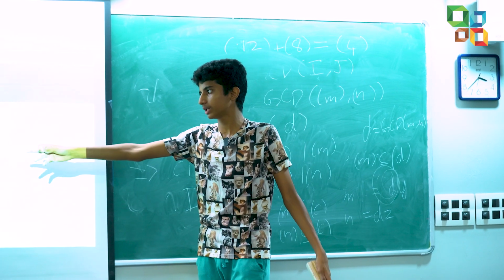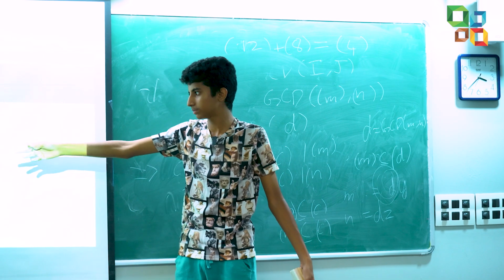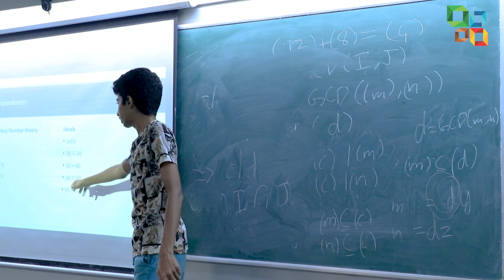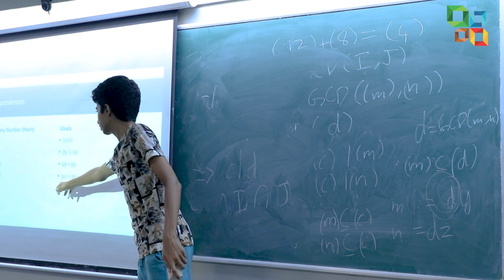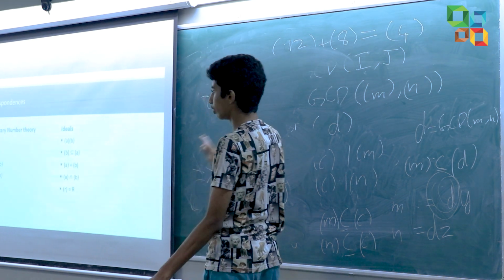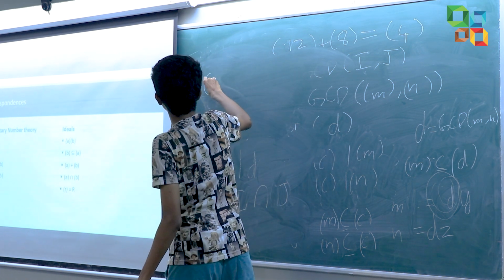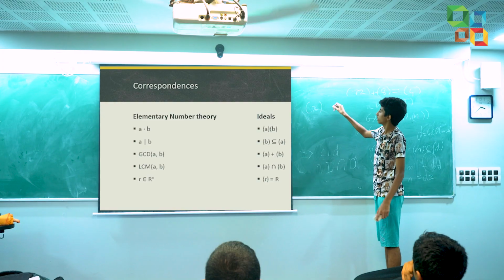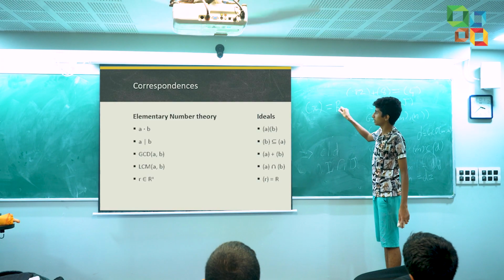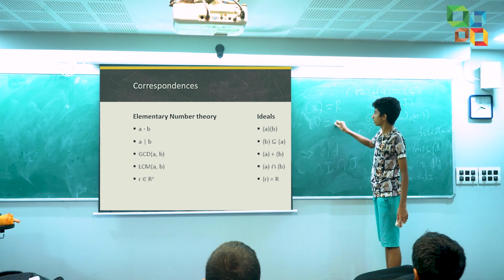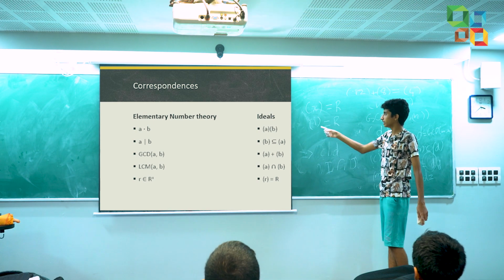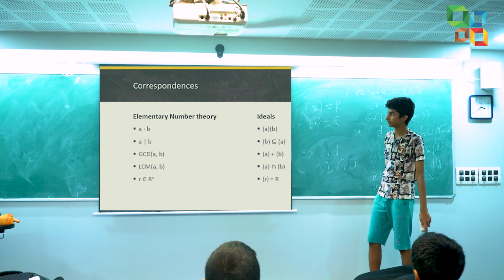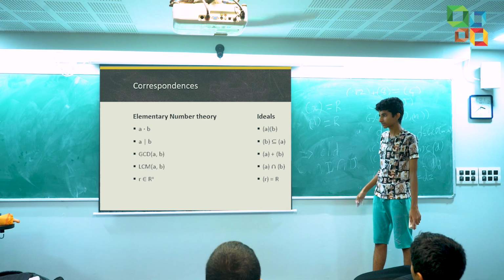So in elementary number theory, r belongs to R cross means r is a unit which divides everything in the ring R. That corresponds, in ideals, to the ideal (r) being equal to the whole ring R. Let's say x is a unit, then the ideal (x) is equal to R, for the same reason I explained earlier: 1 is in it, so any multiple of 1, the whole ring R, comes in the ideal. Yeah, forward to the last slide.